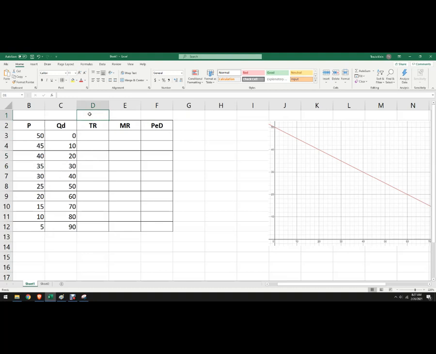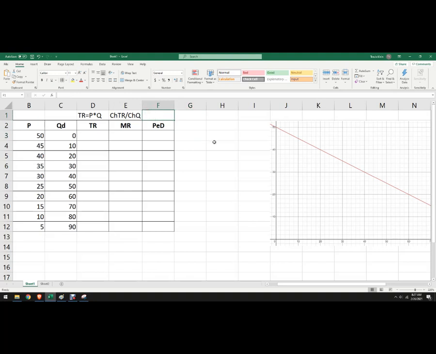Okay, so I'm going to give you the formulas here. Total revenue is price times quantity. Marginal revenue is the change in total revenue divided by the change in quantity. And the arc price elasticity is the change in quantity demanded, but as a percent, so maybe I should put percent change, divided by the percent change in price.